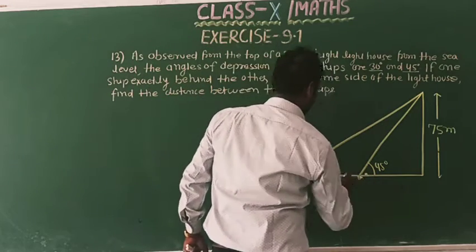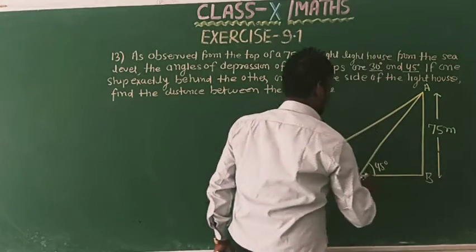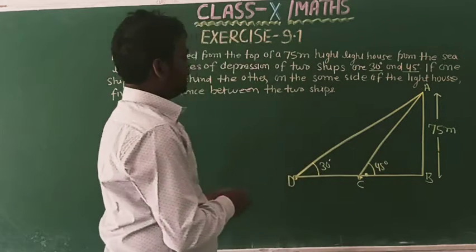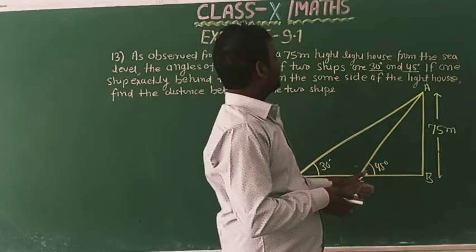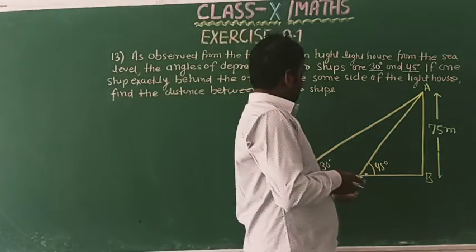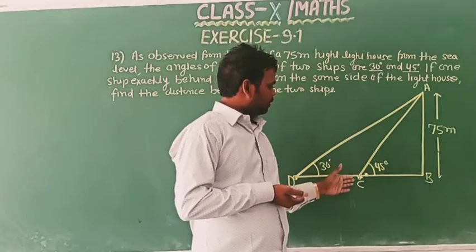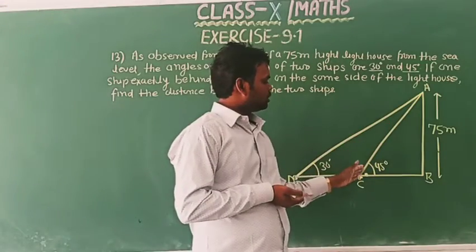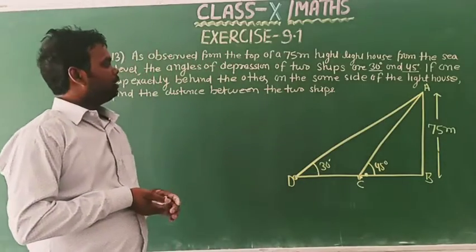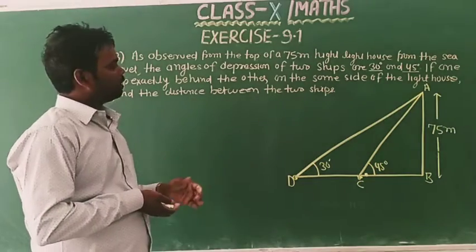So this is point A, B, C, D. AB is the height of the lighthouse, and C and D are the positions of the two ships at sea level, where the angles from the top of the lighthouse are 45 and 30 degree. Then we need to find the distance between the two ships.